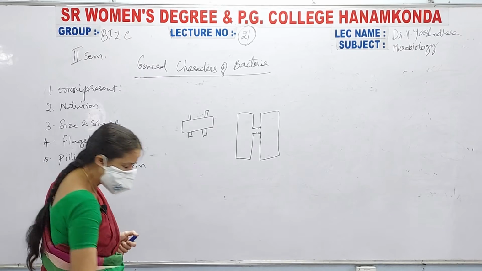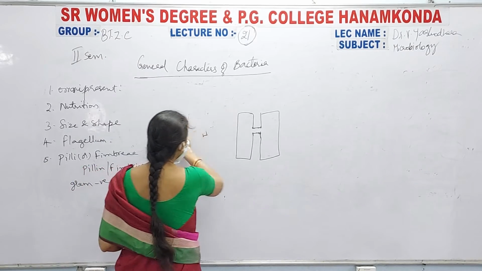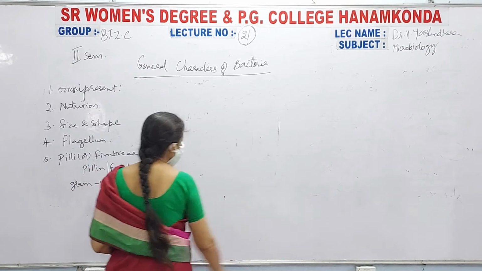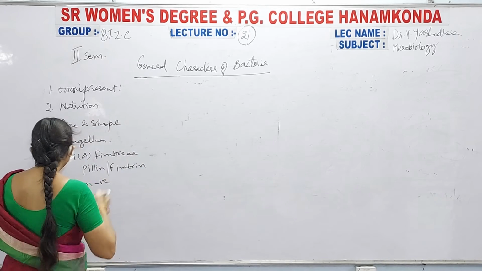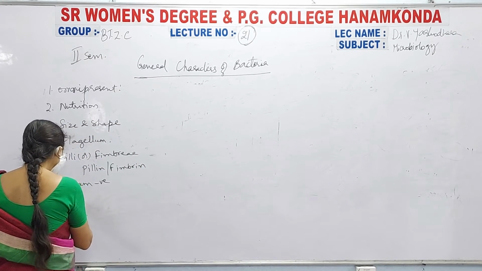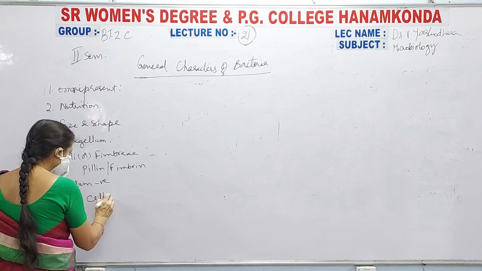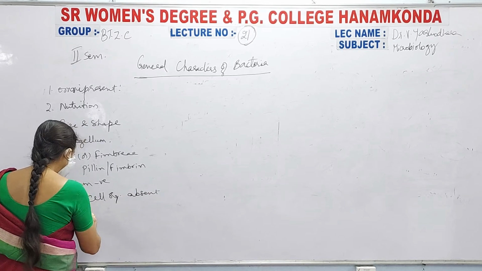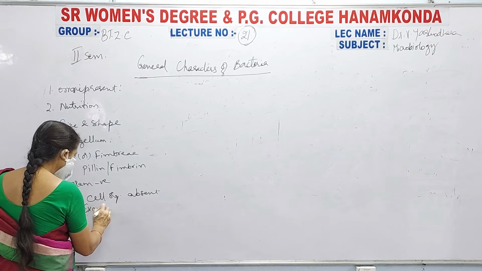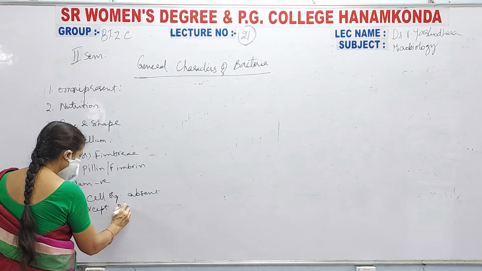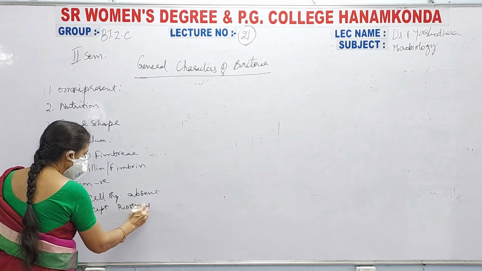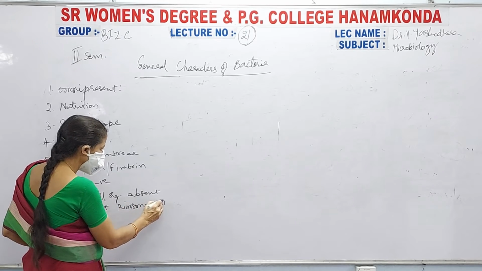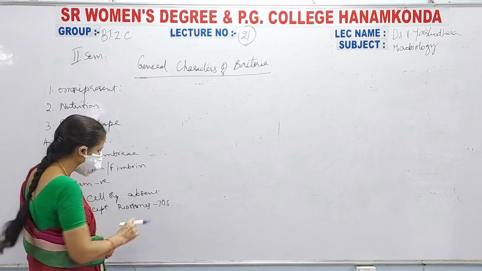Okay. Now, coming to the next one. The sixth point is that all cell organelles are absent except ribosomes. Ribosomes are present, and they are of 70S type, not 80S like eukaryotes.